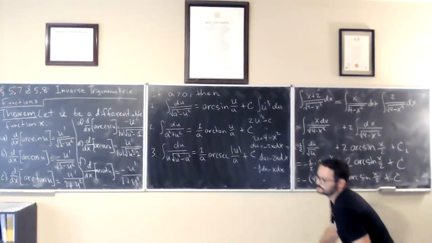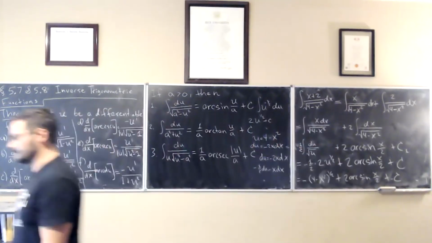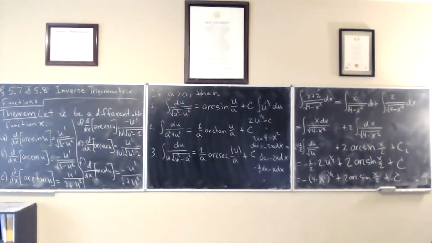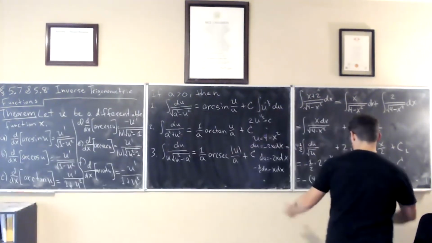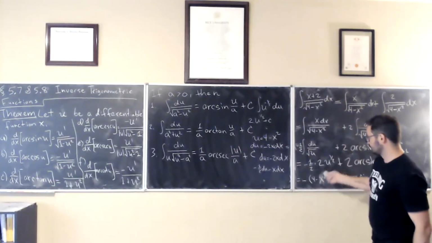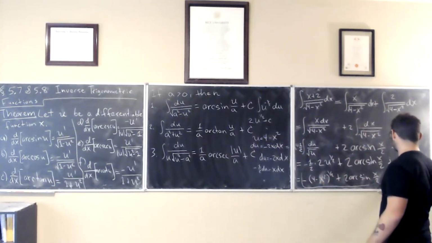That will be the end of it. I think your book uses square root or something, but this is the answer. Square root is the same thing as the power 1/2.